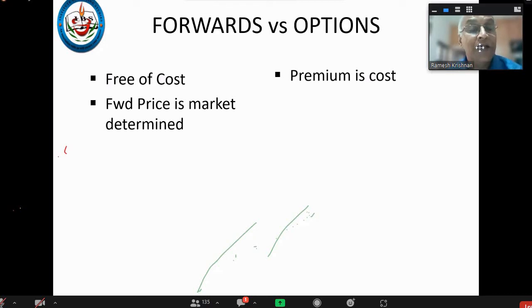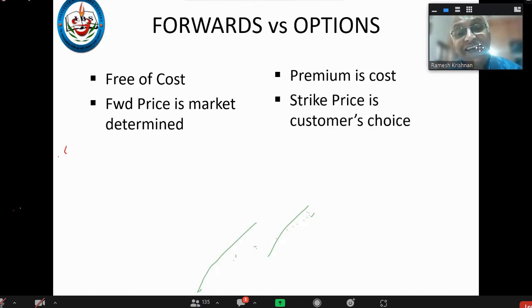Forward price is market determined. So whether Bank of Baroda gives, SBI gives, Canara Bank gives, Karur Vysya gives, it is 82.50 for December in October. Whereas here strike price, you want 80, 82, 85, 90, customer's choice.